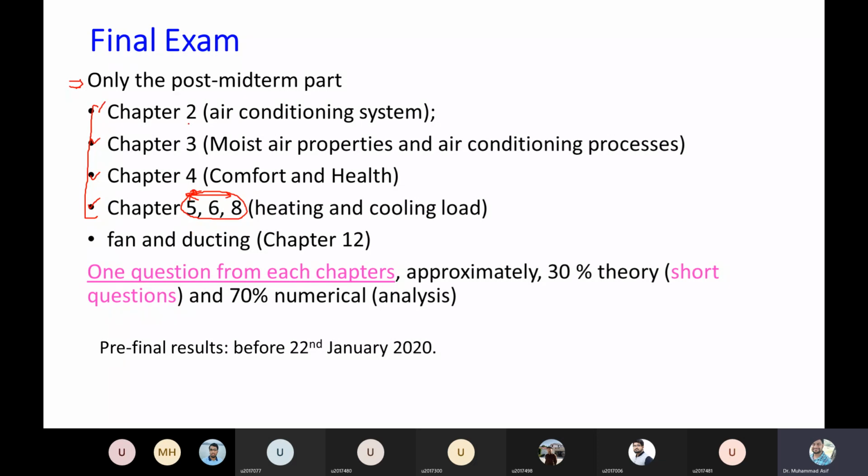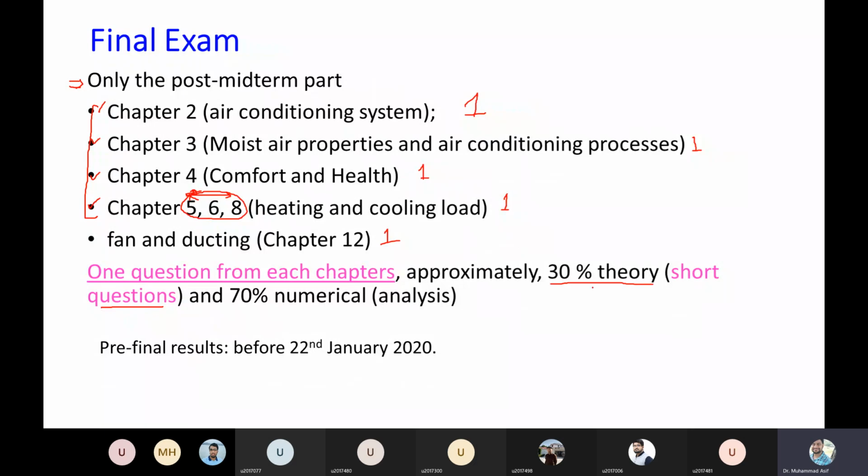So basically, from all of these, there will be one question each: one question from chapter 2, one from chapter 3, one from chapter 4, one from this chapter, and lastly the fifth question. So there will be a total of 5 questions. 30% will be theory, I mean short questions, just like you know my procedure, you know my style.